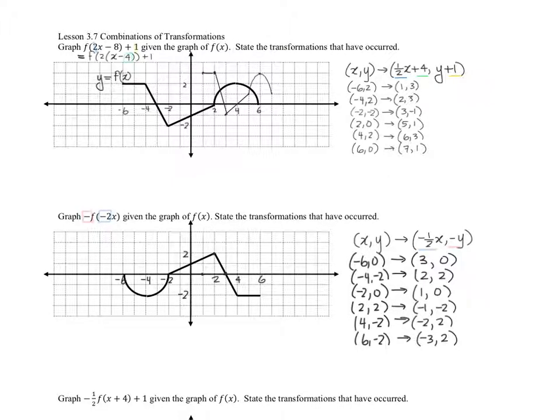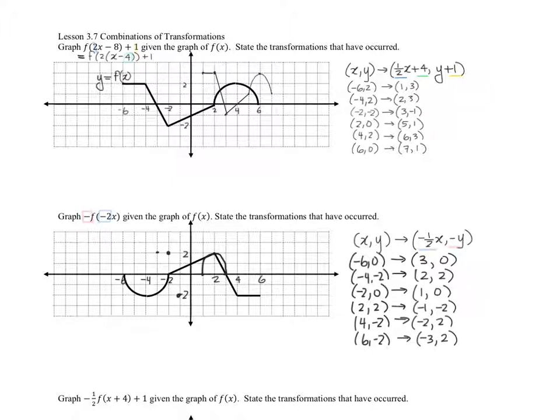Try that again. Okay. There, a little bit better. So then my next point is at (-1, -2), then (-2, 2), and then (-3, 2).